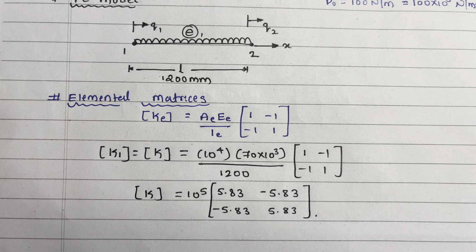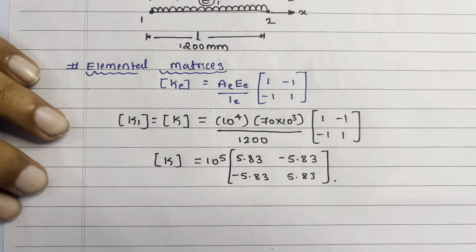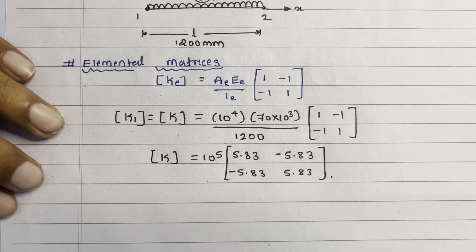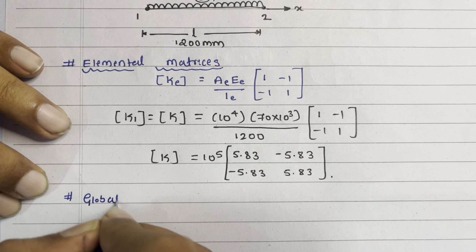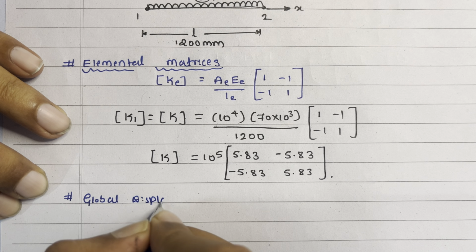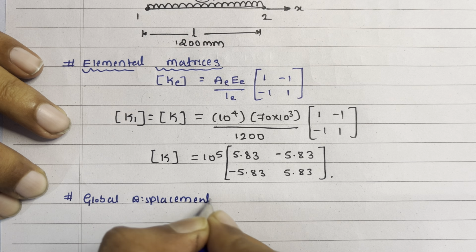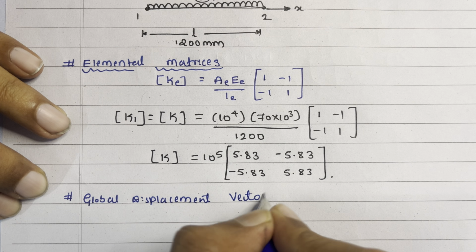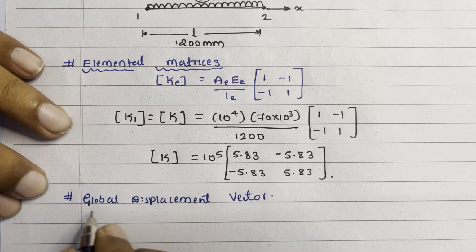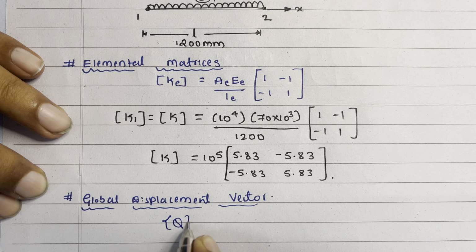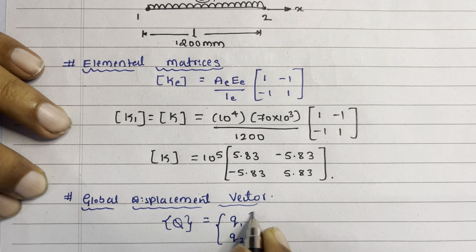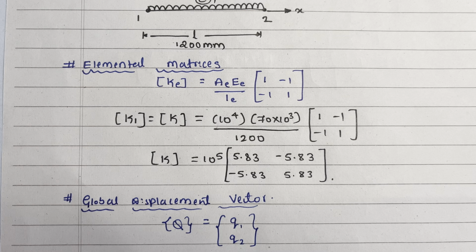Then we have to calculate the global displacement vector. We know the vector q is defined as q1 q2.